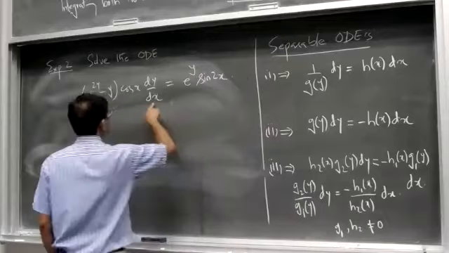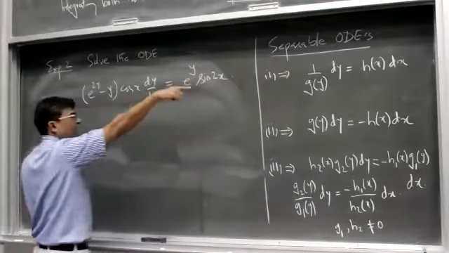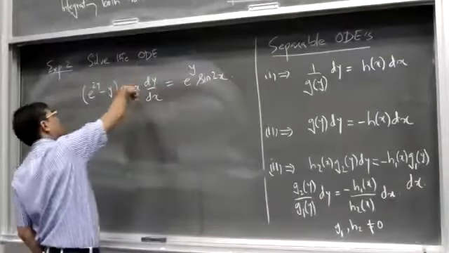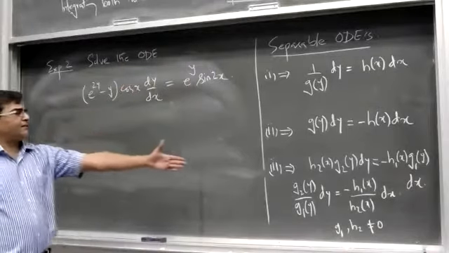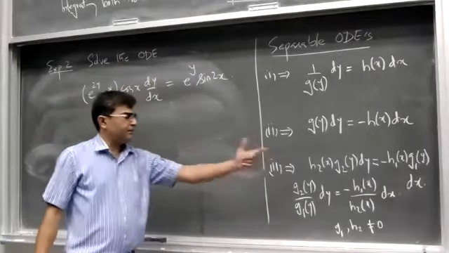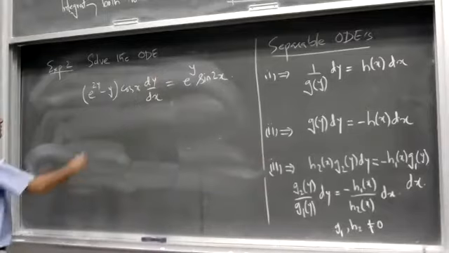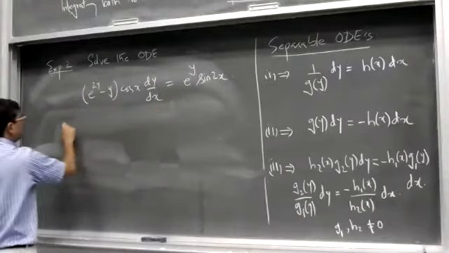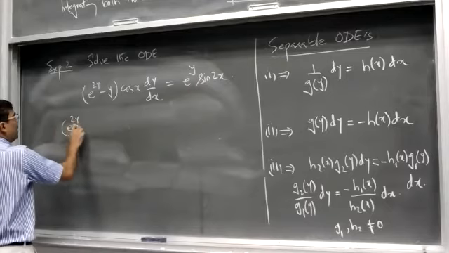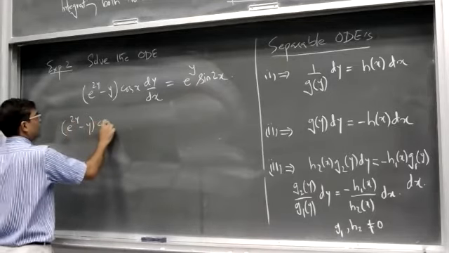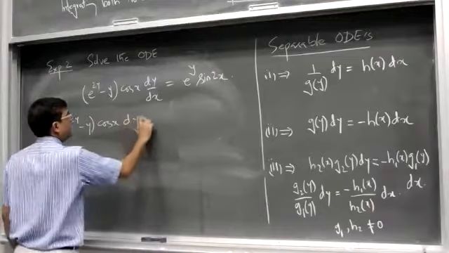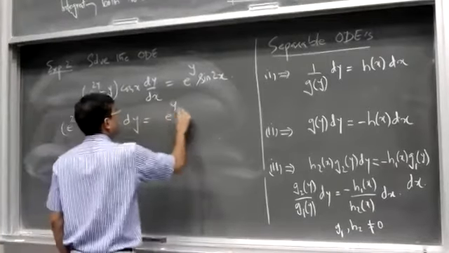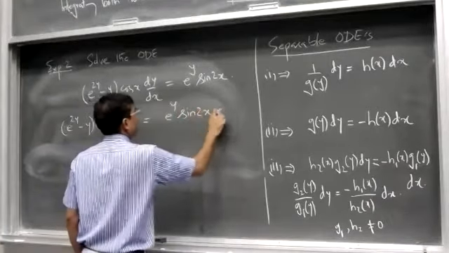If you multiply this dx on the right hand side and then you bring it on the left hand side, you'll get the case 3. Okay, so you can see here that we can bring this dx on the right hand side and we can write e raised power 2y minus y cosine of x dy is equal to e raised power y sine of 2x dx.